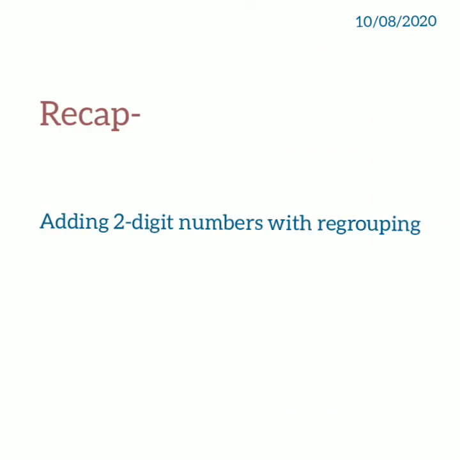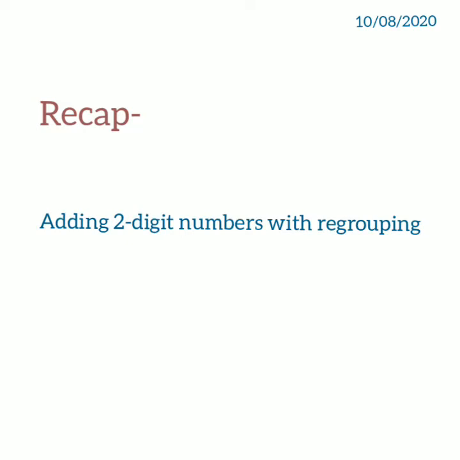Follow the steps. All right, so now let's start the session, and before we start the new topic, let's do a quick recap of what we did in the last class. We learned how to add two-digit numbers with regrouping. We have already learned that adding two-digit numbers is similar to adding one-digit numbers, isn't it?